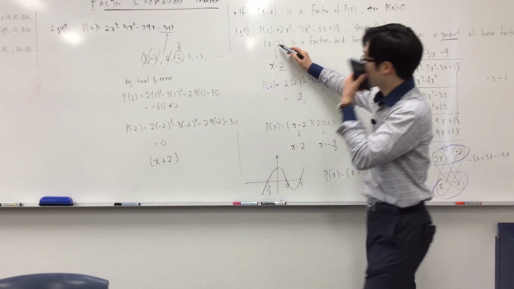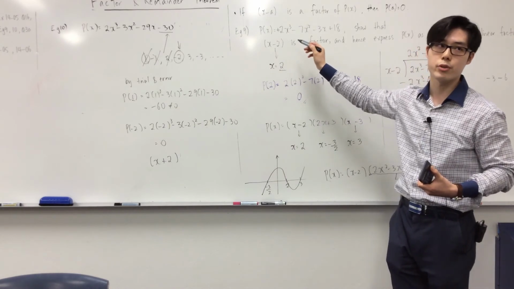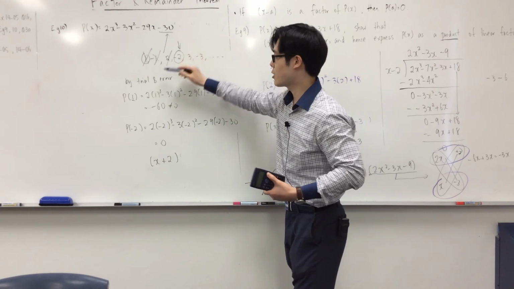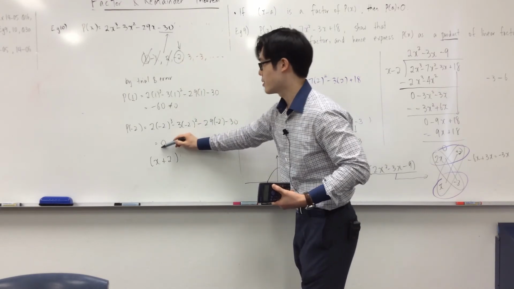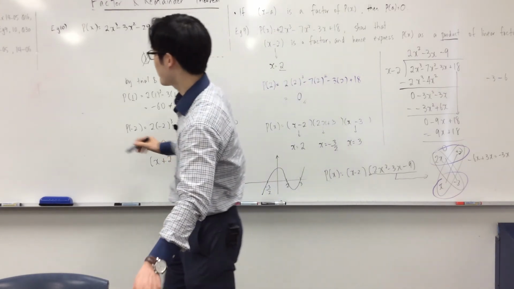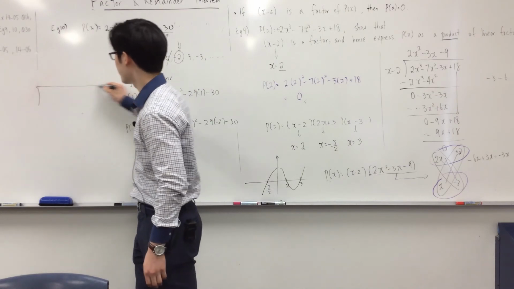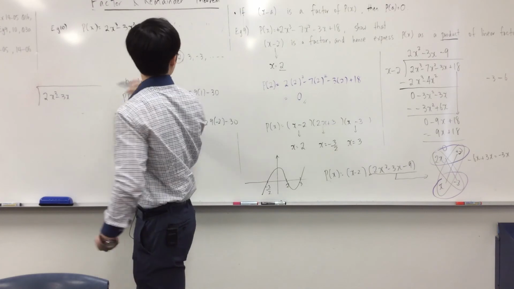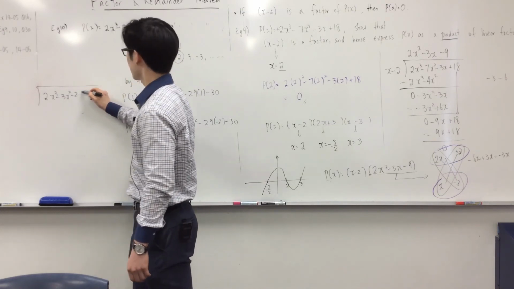That's how you get the factor when they don't give it to you like we did previously. You write out all the factors of the constant and then you try them out, you substitute until you get 0. So now that we know the factor, now we can what? Long division.